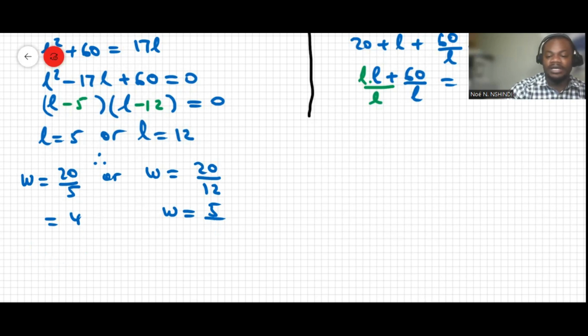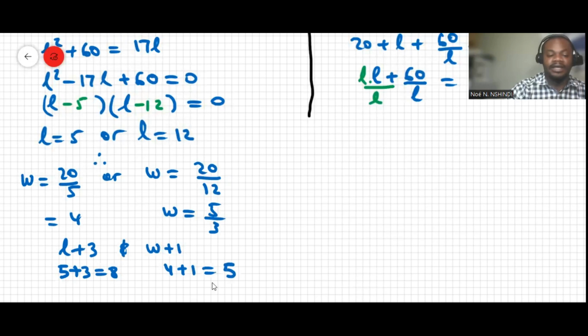The new dimensions are L plus 3 and W plus 1. So it's like we have 5 plus 3, which is 8, and 4 plus 1, which is 5.